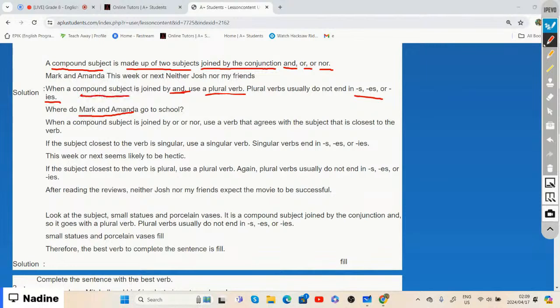And when a compound subject is joined by the word or, or by the word nor, then we need to use a verb that agrees with the subject that is closest to the verb.